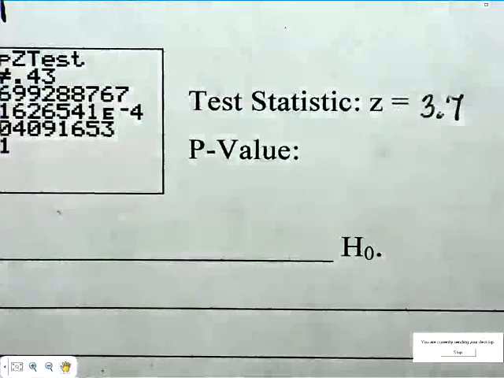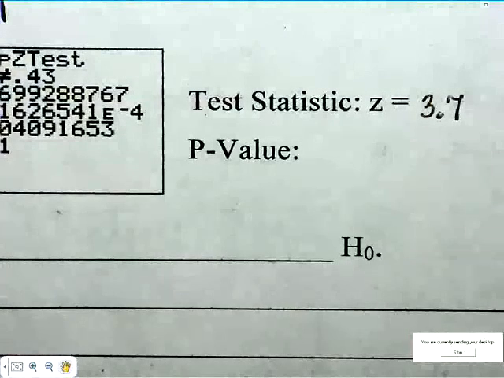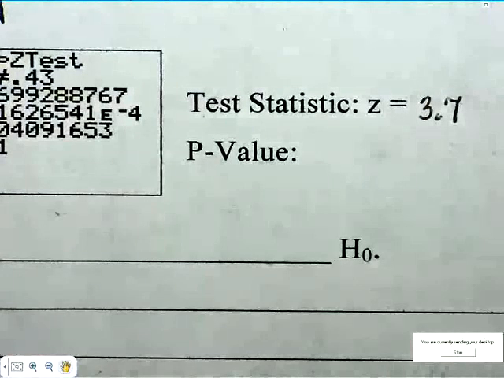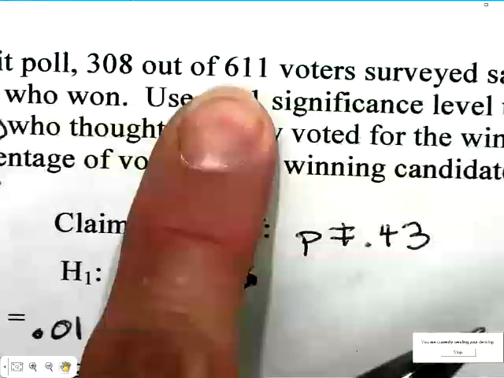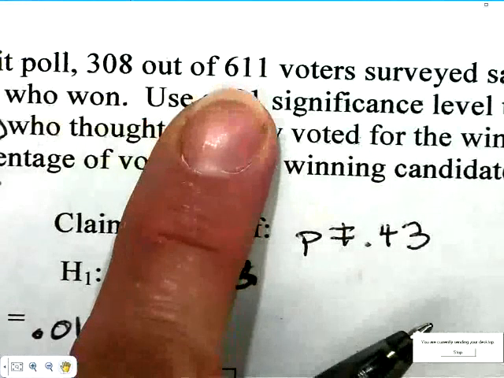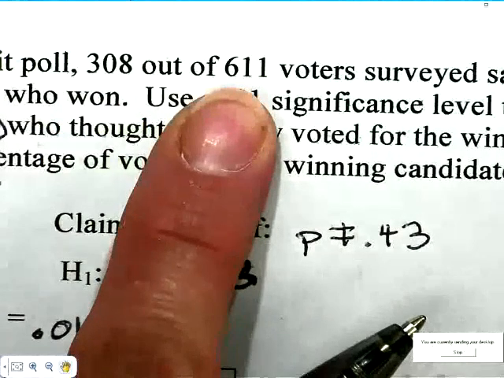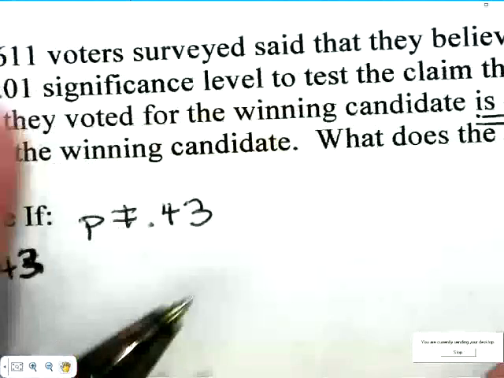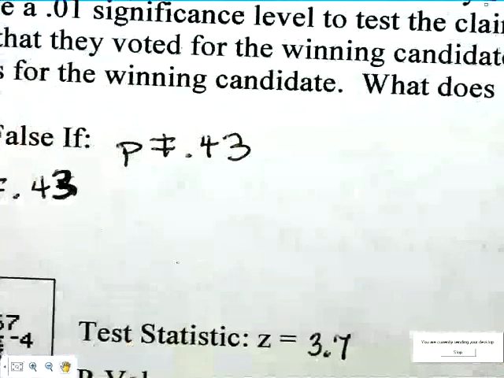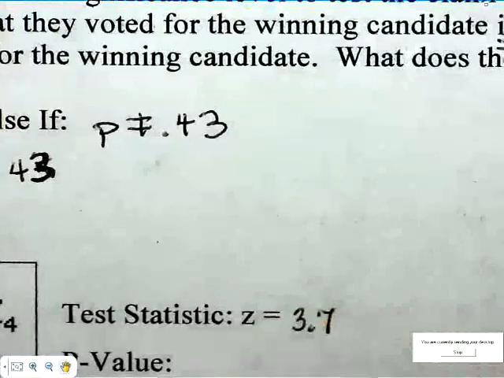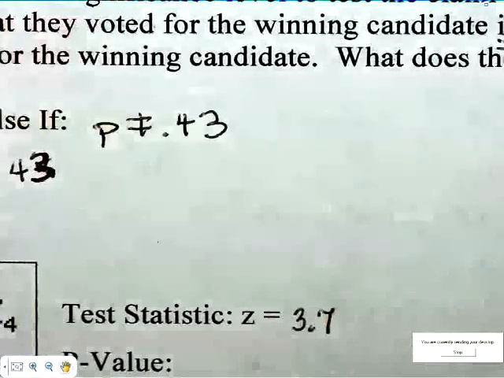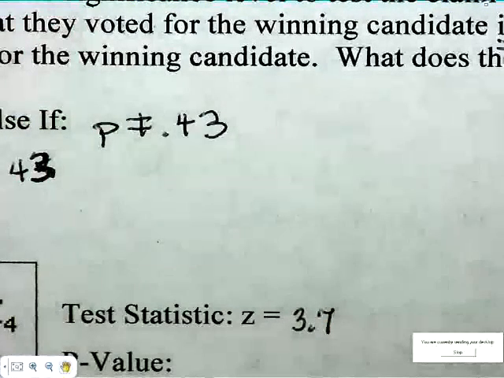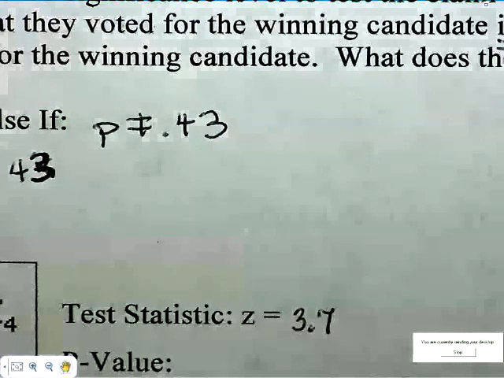Now remember what that Z, the test statistic, is. That's how many standard deviations away from the norm the 308 out of 611 voters picking, or knowing that they picked, the right guy is. That's a hard sentence, but yes, a Z-score is the number of standard deviations away. If everybody just went in and flipped the switch with their eyes closed, what percent of people would vote for the winner?